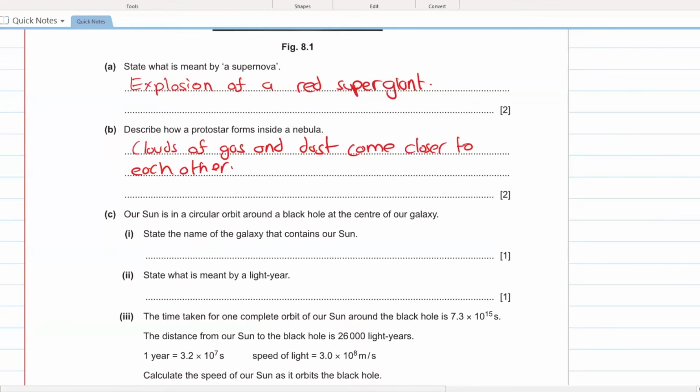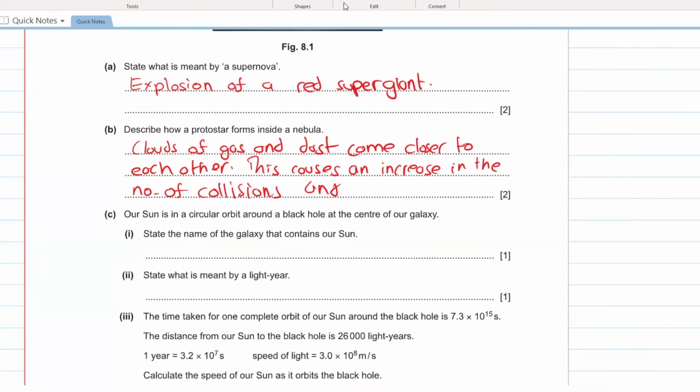This causes an increase in the number of collisions and the temperature increases. Perfect.